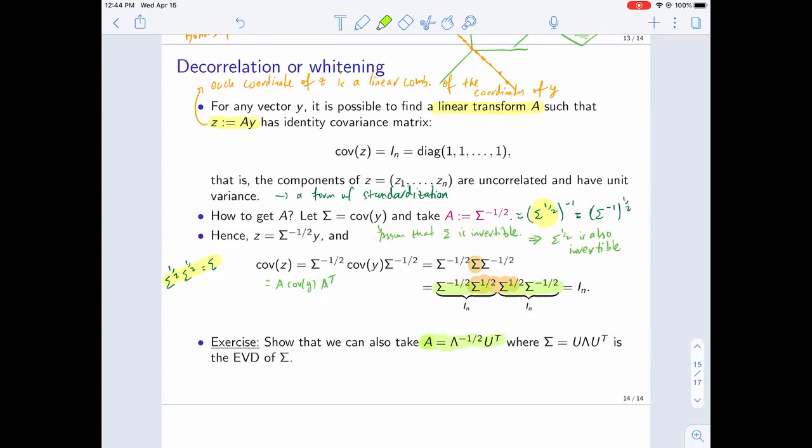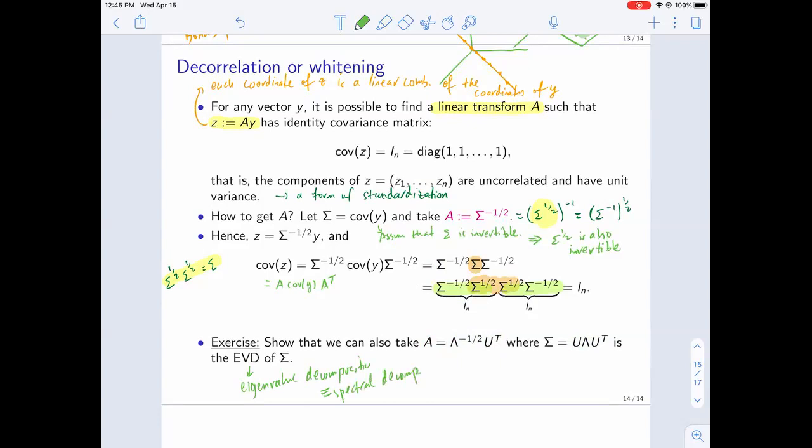You can take A to be this, which is not a symmetric matrix, but if U lambda U transpose is the spectral decomposition or the eigenvalue decomposition of sigma, then that is another choice. So A is not unique. EVD is eigenvalue decomposition, equivalent to a spectral decomposition.